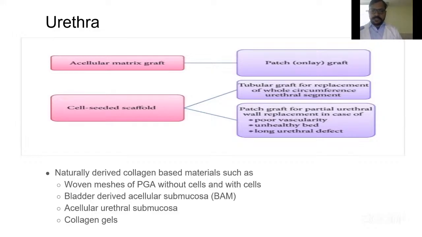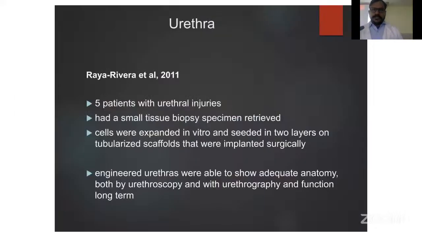Naturally derived collagen-based materials are used, such as woven mesh of polyglycolic acid without cells and with cells, bladder-derived acellular mucosa, acellular urethral submucosa, and collagen gels. This is a study conducted by Raya-Rivera et al. in 2011.